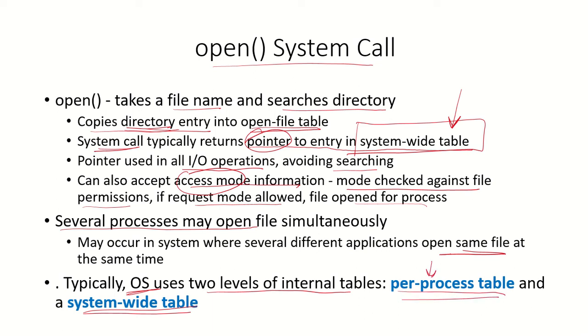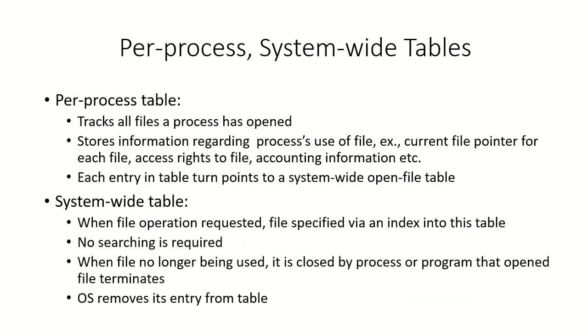In the per process table, all the files that have been opened by that process will be maintained, and in the system-wide table, information of all files opened by any process will be maintained. Now let's take a look at the per process and system-wide tables.